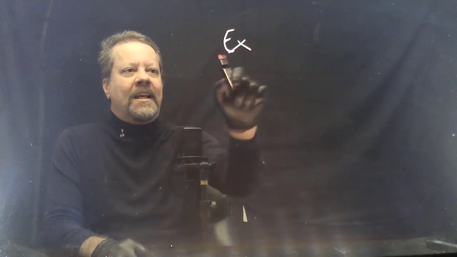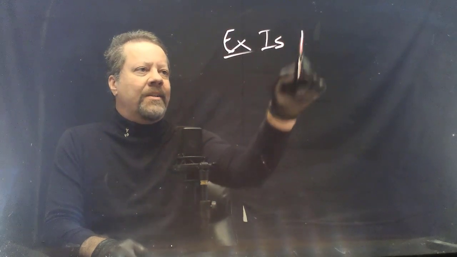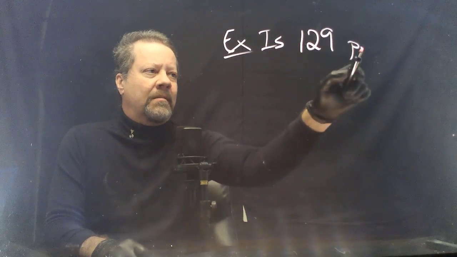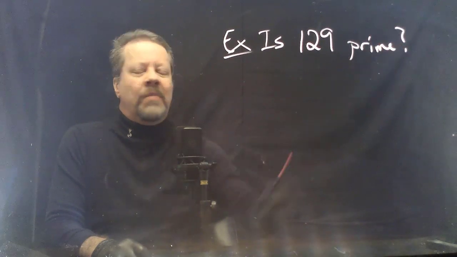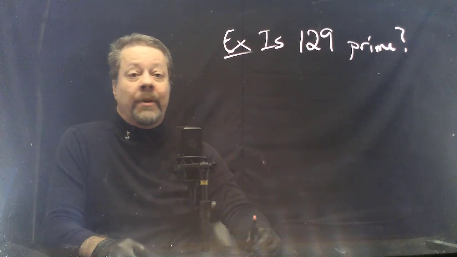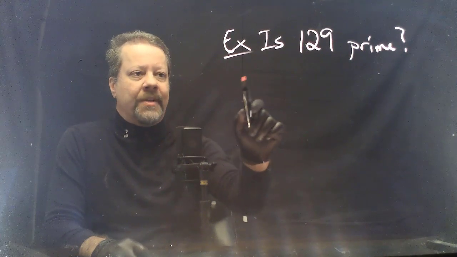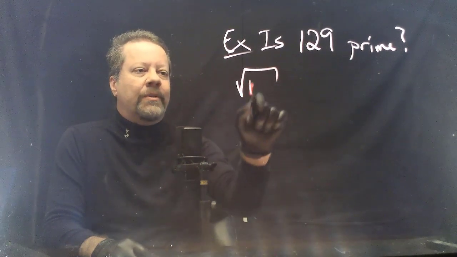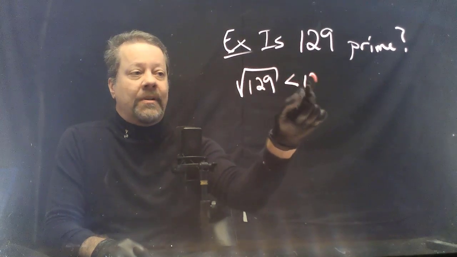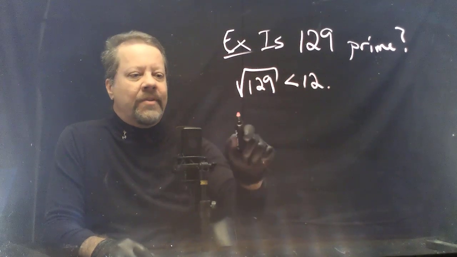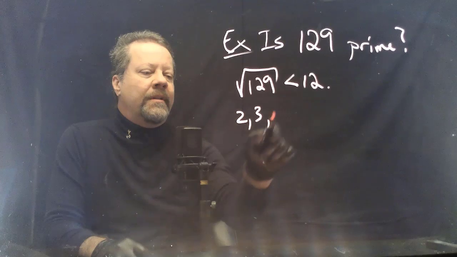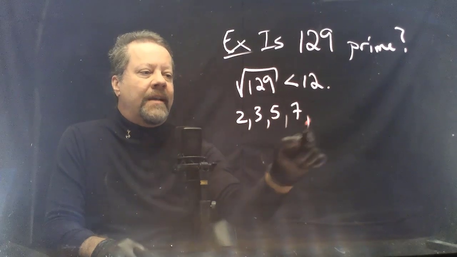As an example, I'm going to ask, is 129 prime? Well, we only have to check the prime divisors less than or equal to the square root of 129, and that's certainly less than 12. So the only primes we have to check are 2, 3, 5, 7, and 11.